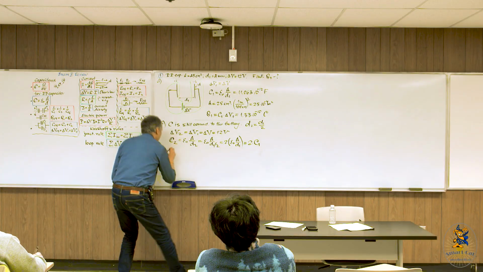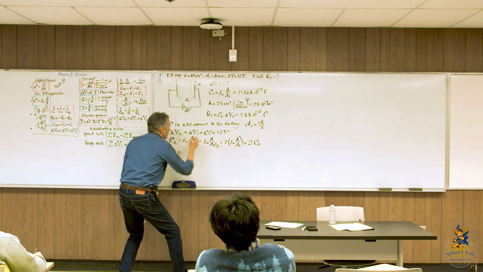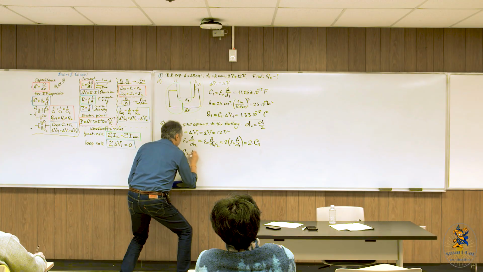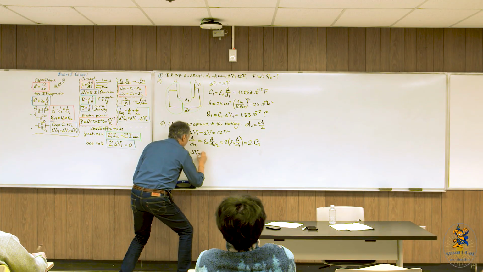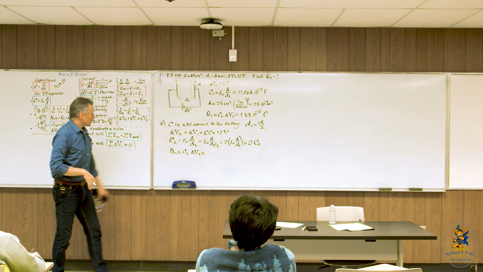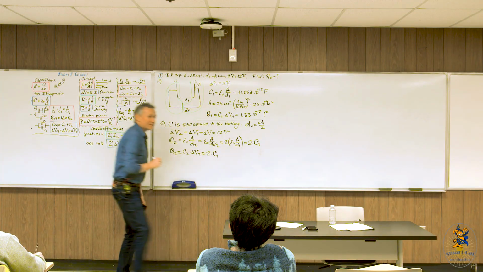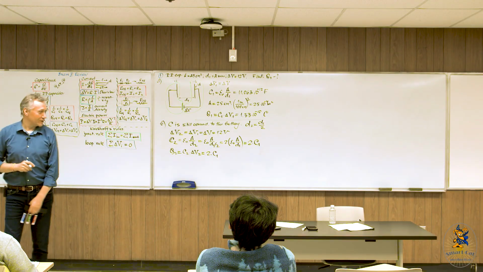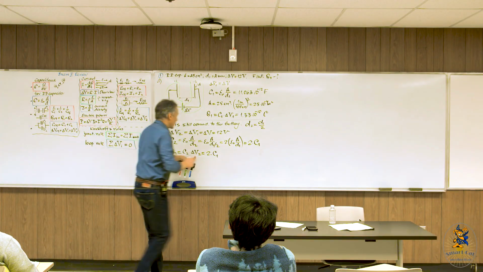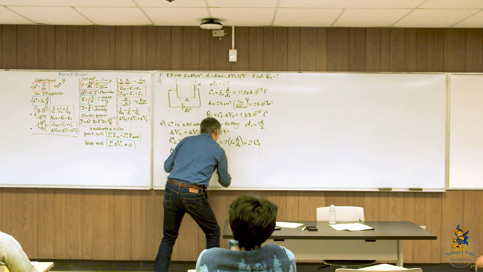So Q2, of course, will be C2 times delta V2. So C2 is 2C1. You see, I still refuse to do calculations. And delta V2 is just delta V, or I can write delta V1.